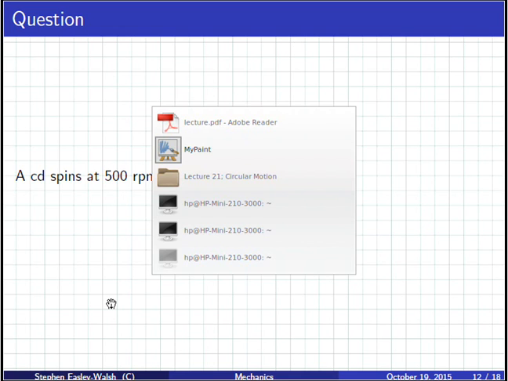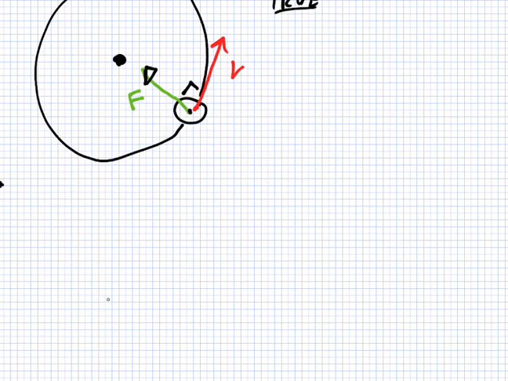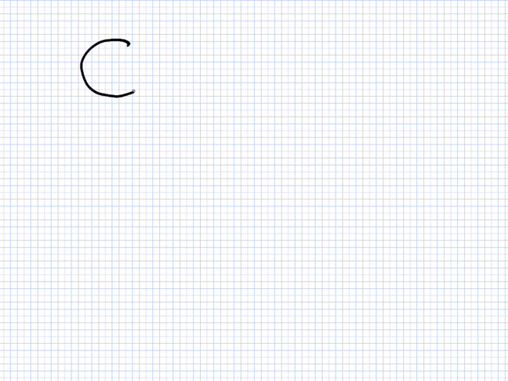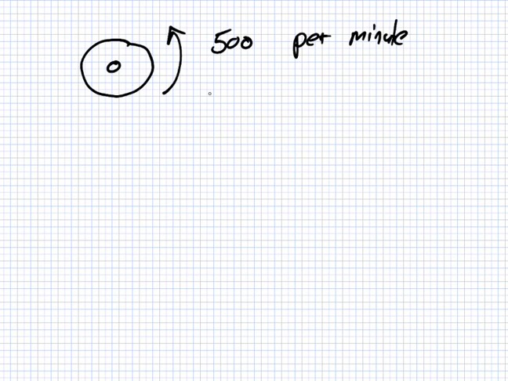Okay, so let's draw this. You have your CD, and it's spinning 500 times per minute. So, Fahad, can you do 500 divided by 60? 8.3. So that's 8.3 per second.